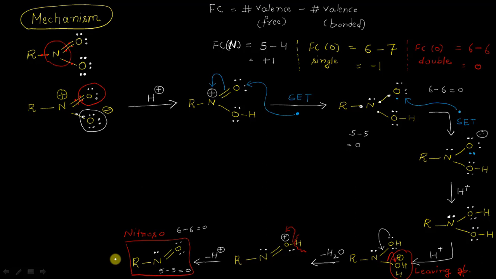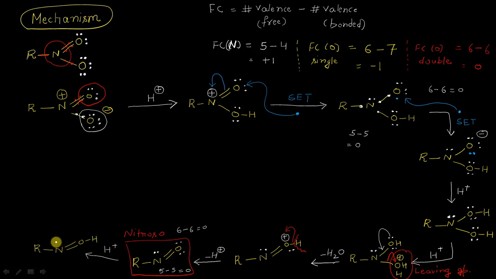Now after this reaction has arrived at the nitroso stage, it will once again react with the H positive ions from the acid, resulting in R, single bond nitrogen here, double bond oxygen. One of the lone pairs has been utilized in the formation of a bond.